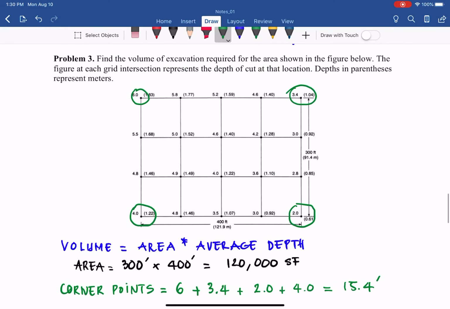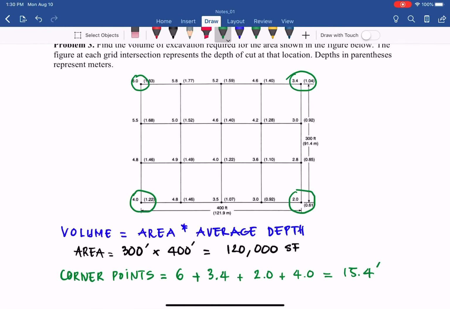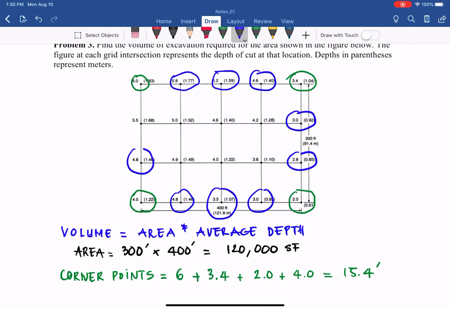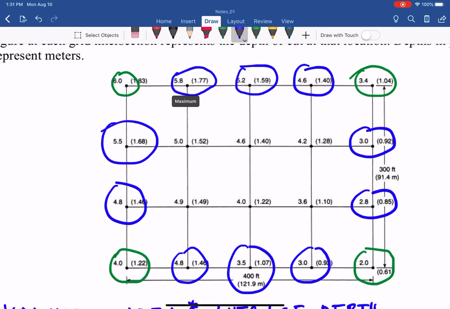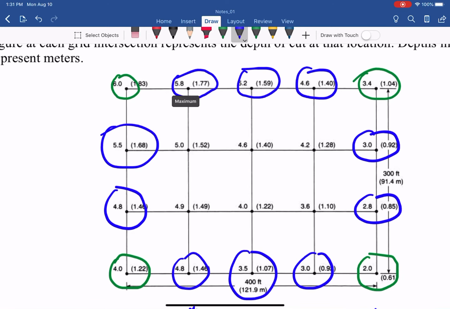And then the second type of point that I want to point out, and I put that in blue here, we call border points. As you can see, the corner point only interfaces with one grid, one rectangle.